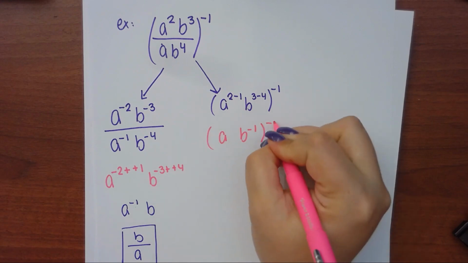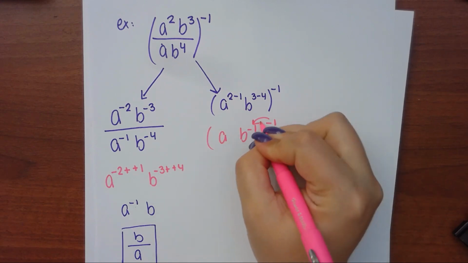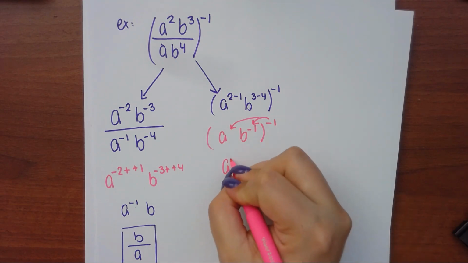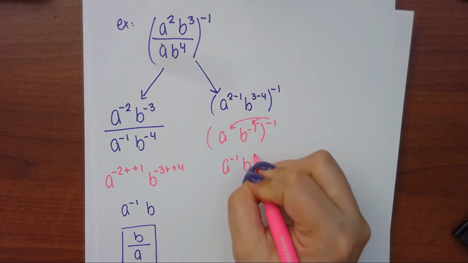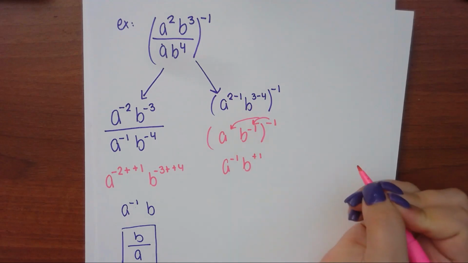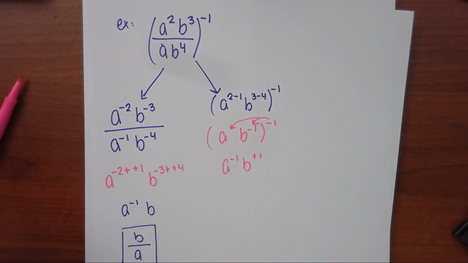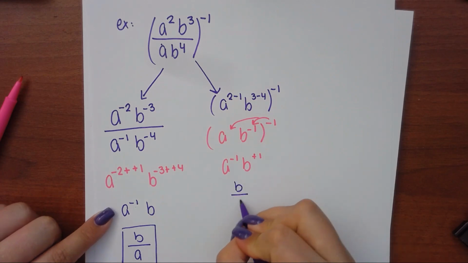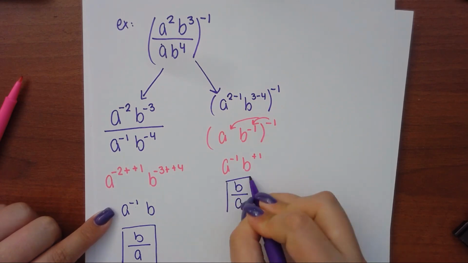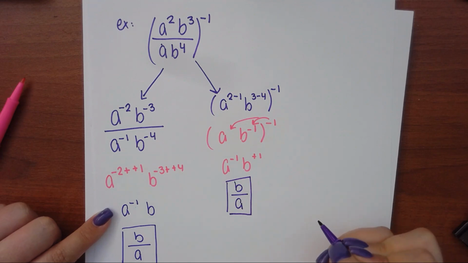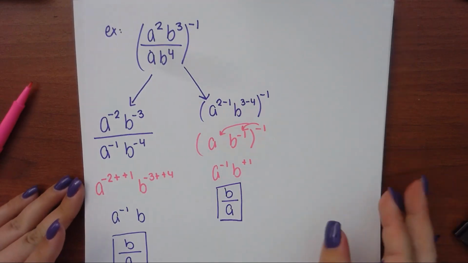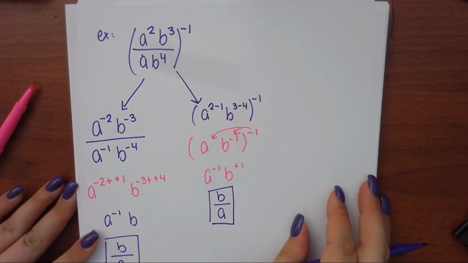And then I could distribute that negative. If I distribute that negative now, I would have a to the negative 1st, b to the positive 1st. I know, bear with me, it's an interesting problem. And that would give us the same thing that we had before, b over a. Remember, the negative exponent goes in the denominator and it's made positive. So that's another route that I could have taken. Maybe you think that this one is less messy. I agree with you, it is less messy than the first one.